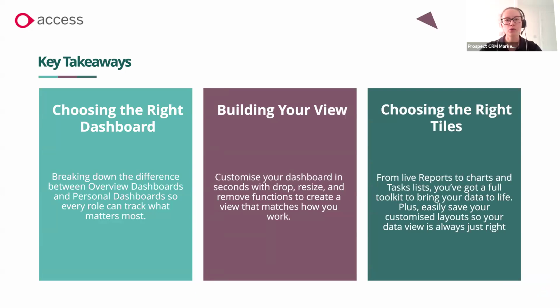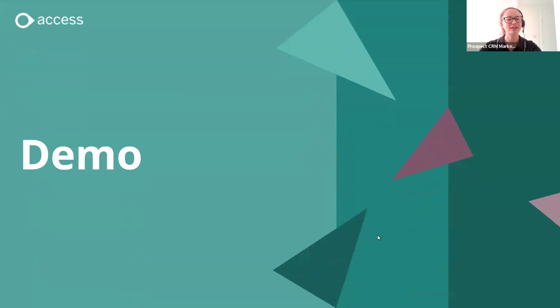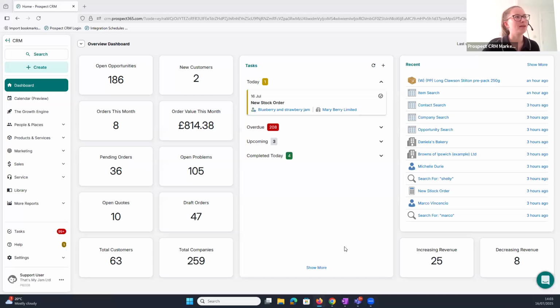Showing you a full, comprehensive, in-depth demo of each of the tiles we're currently offering, perhaps talking a little bit about ones we might be offering in the future, just so it helps you when you're customizing your layout, you've got a full explanation of what there is to offer. So that's a little bit about key takeaways. It's really just explaining this new feature so you can have a play with it.